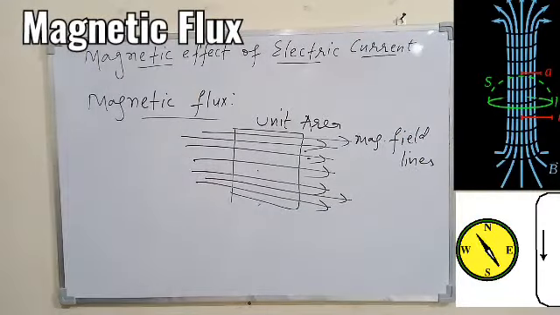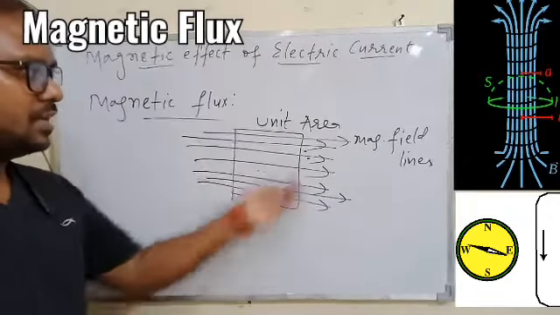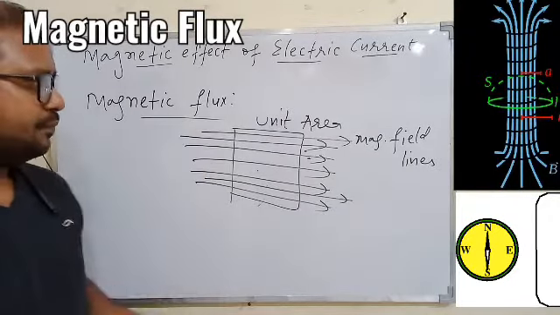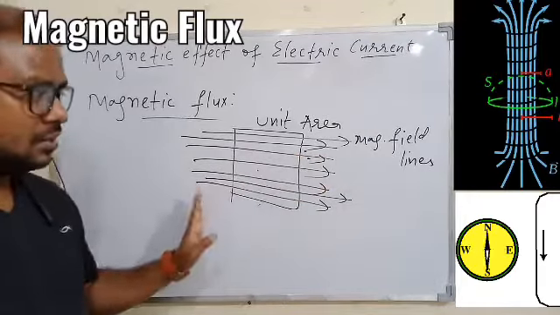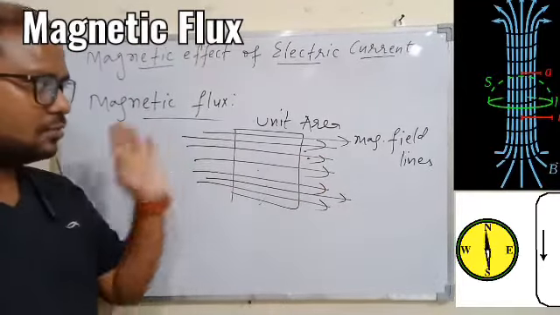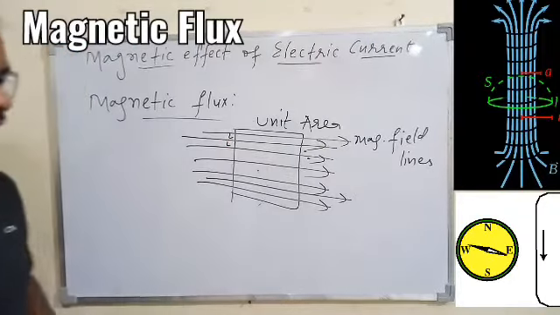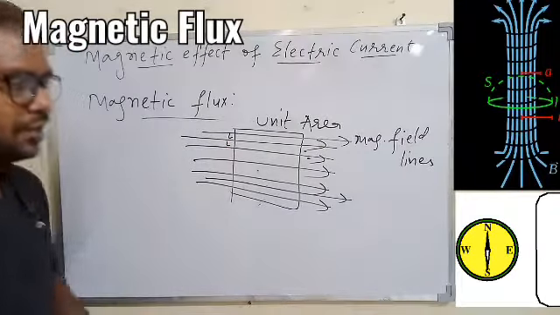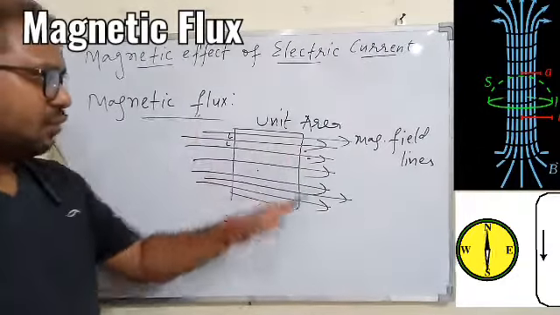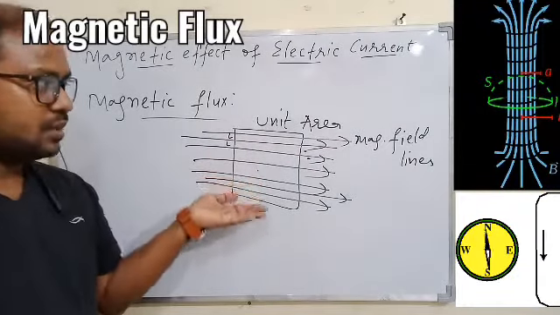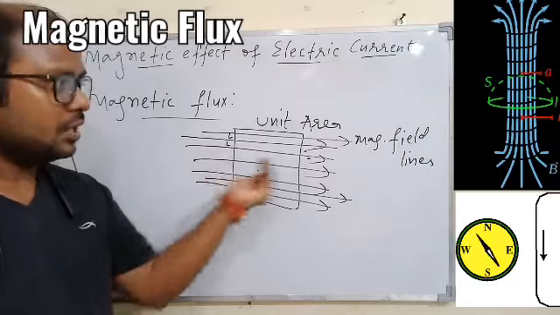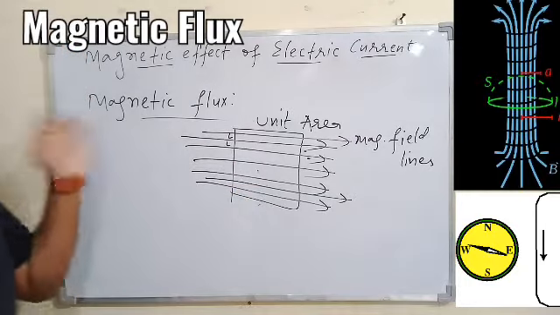I hope you understood this much. We have imagined a unit area in space through which magnetic field lines are passing, perpendicular to the area, which you have to understand. The number of magnetic field lines passing through this unit area in a given time, perpendicular to the area, is called magnetic flux.